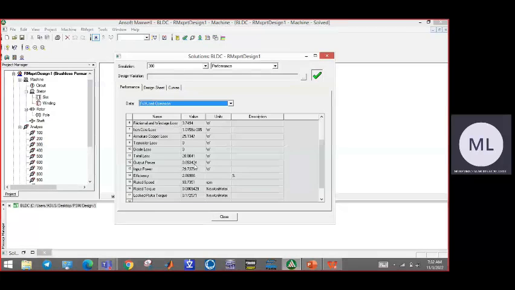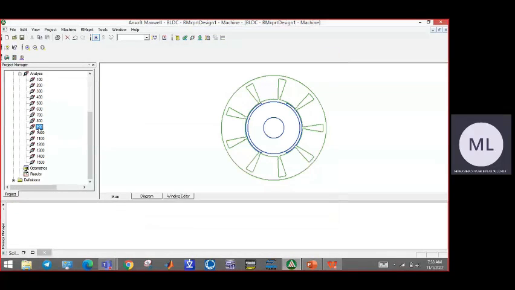I'll show you the output power that this motor can get.